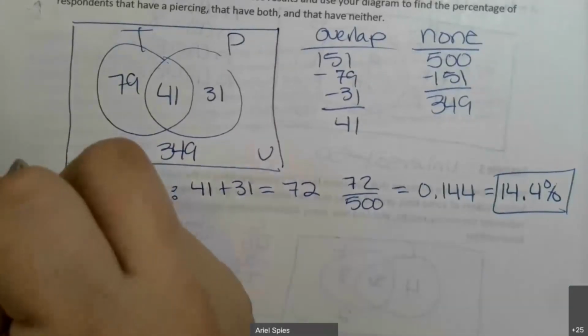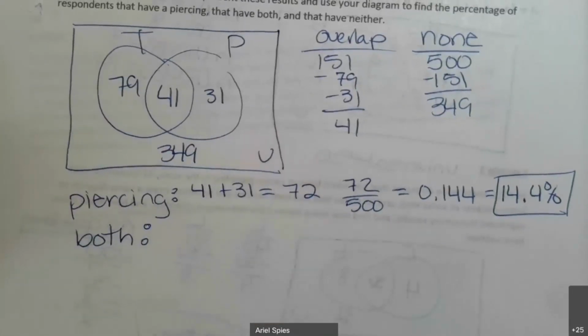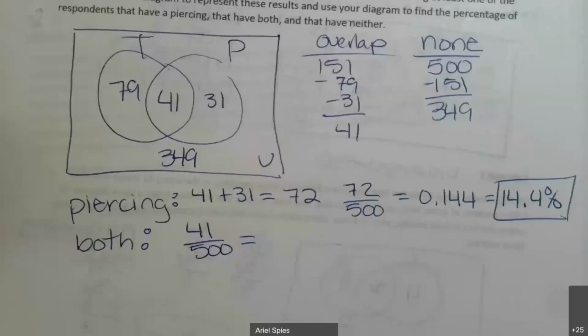Then I want to find the number for both. That's just 41, right? Yeah, that's just the 41. So I'm going to do the 41 divided by 500. That's 8.2%.